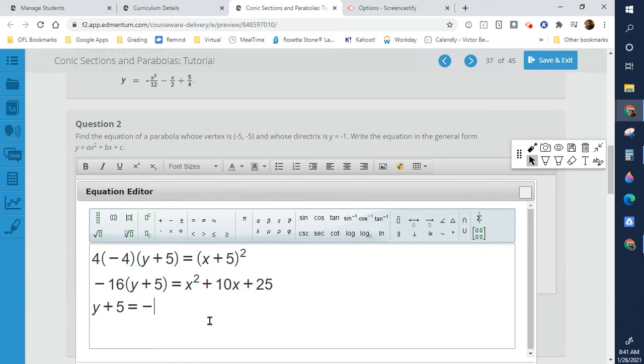So it's negative x squared over 16. Can't really reduce that. I can reduce 10 over 16. That's going to be 5 over 8, so I get 5 over 8 x. And then I can't really reduce 25 over 16, so it's just going to be 25 over 16.